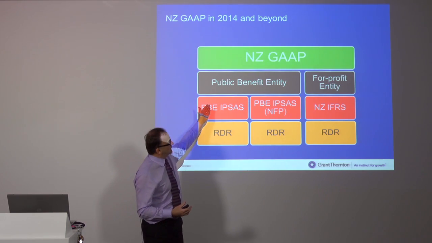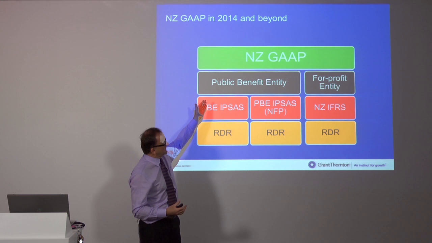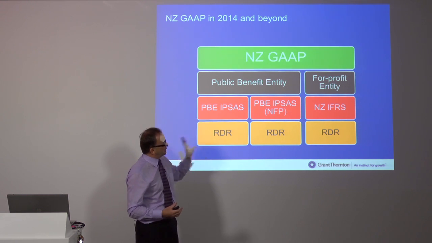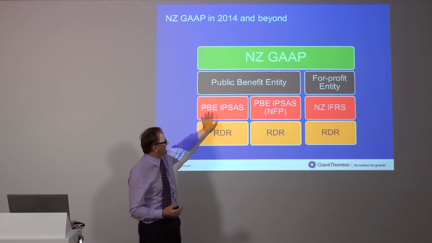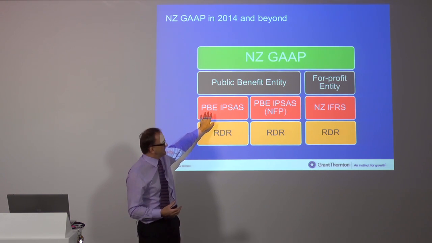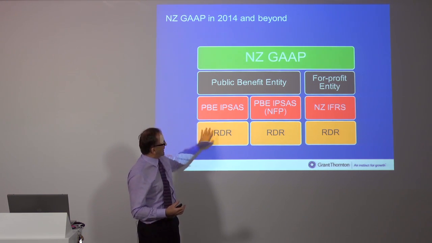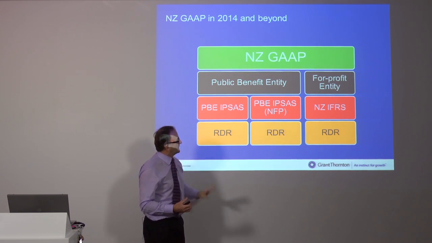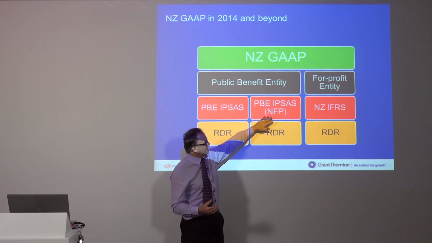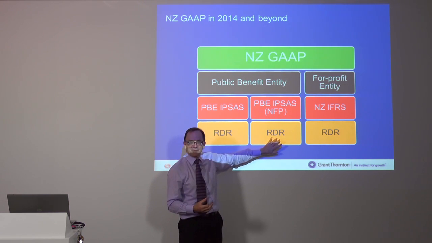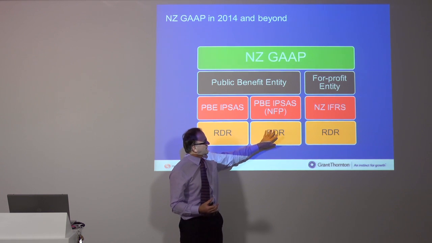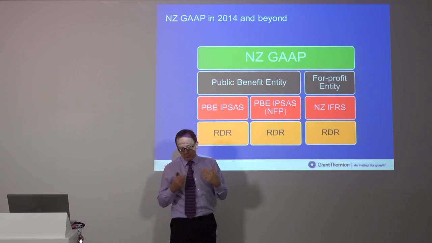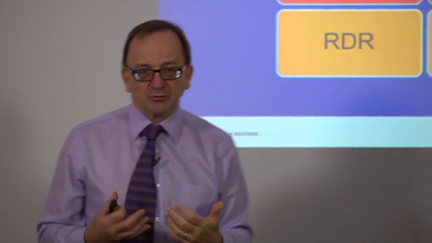So from the public benefit entity definition, we end up with IPSAS, these International Public Sector Accounting Standards that have been adapted for public benefit entities here in what I call the public sector. We've got not-for-profits, and they've been adapted, really just terminology and a few more illustrative examples, just to make sure whether what's in IPSAS is applicable.